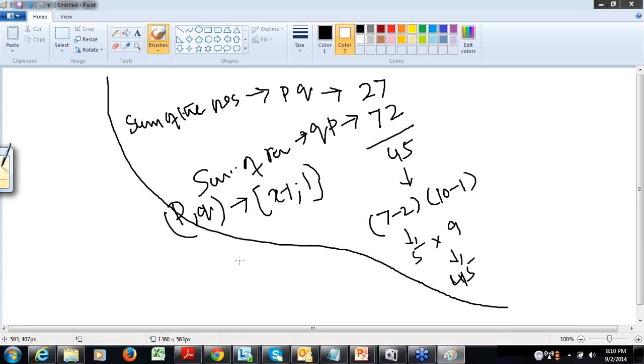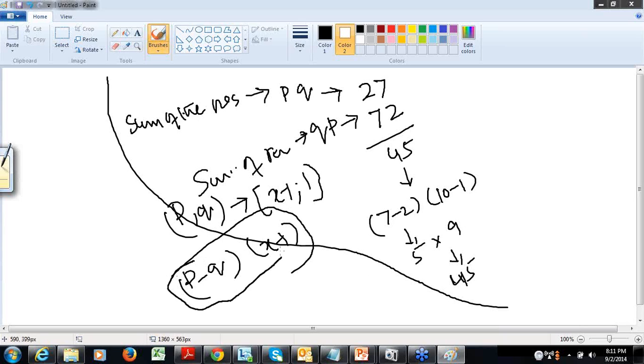So the difference, if you see, is (P minus Q) into (X minus 1). This value will be maximum when P and Q are X minus 1 and 1.